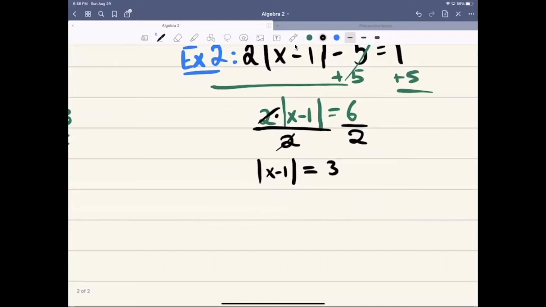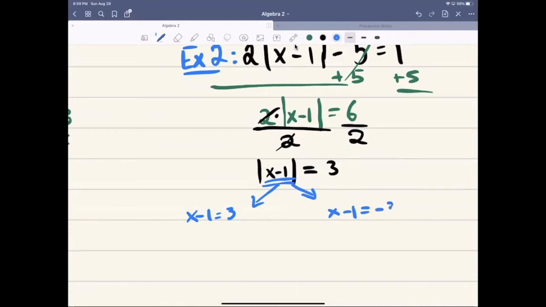Now that the absolute value is by itself, we can finally split up the problem. We're going to do x minus 1 equal to 3, and you're going to write x minus 1 again, and this time it's going to be equal to the negative version of this number.